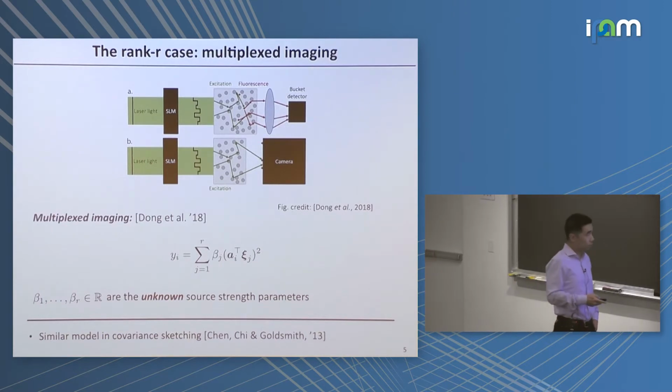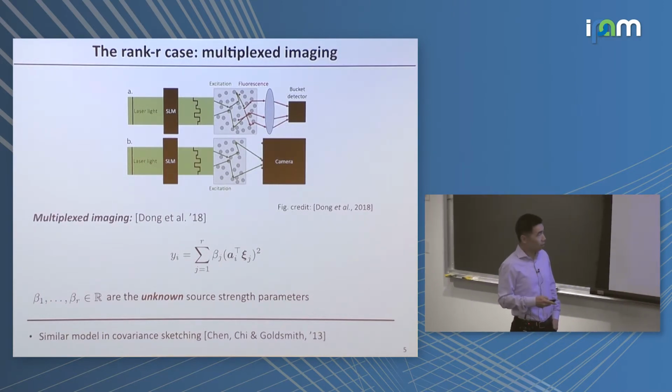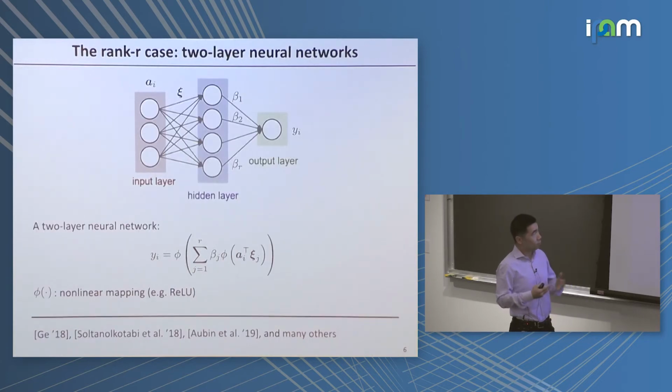And another example of learning the rank R model is, of course, the two-layer neural network. In this case, the psi's can be used to model the weight vectors in the first layer, and the coefficients and the nonlinearities in the second layer can be captured by our function G. It's a simpler function.